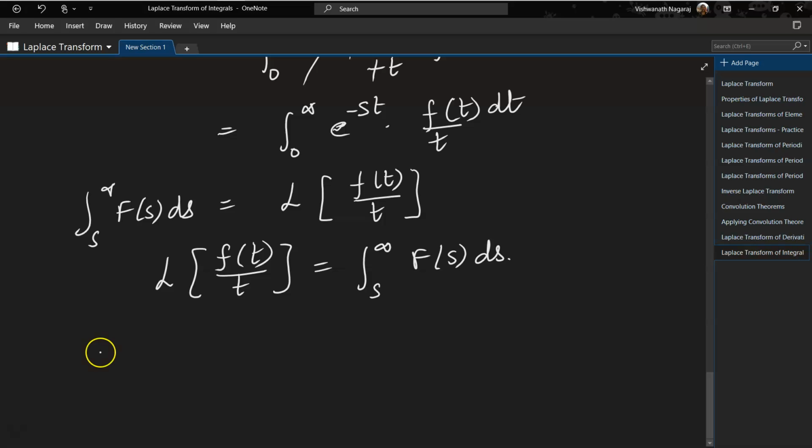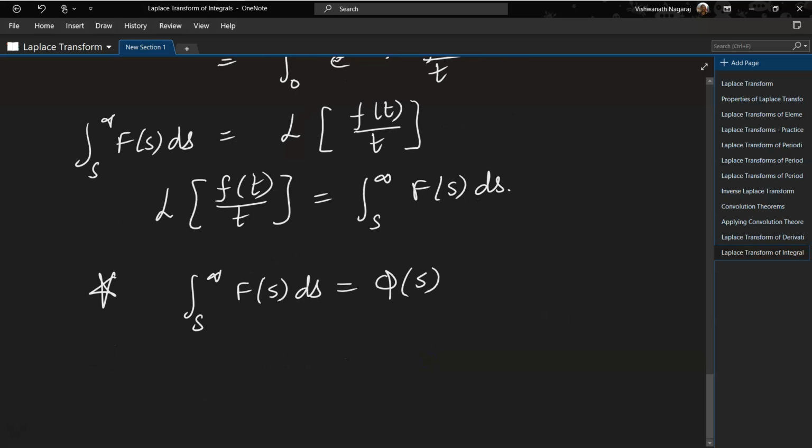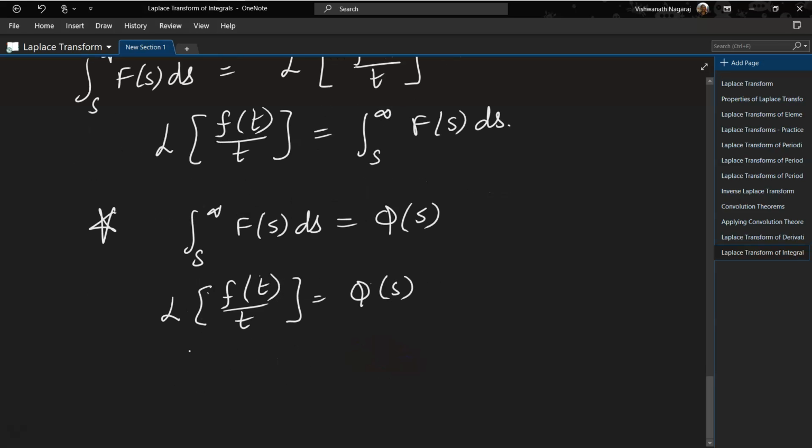And let's look at it in terms of inverse Laplace. Let s to infinity of f of s ds is equal to phi of s. Right? Just to simplify the whole thing. So the Laplace transform of f of t by t is equal to phi of s. Now let's take the inverse Laplace on both the sides.